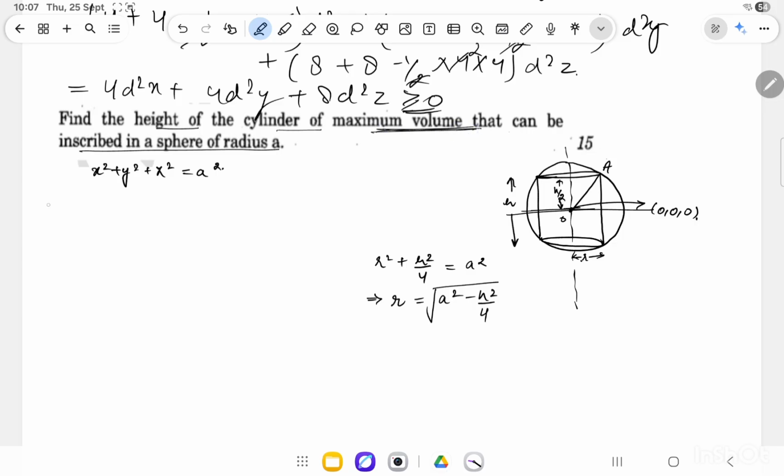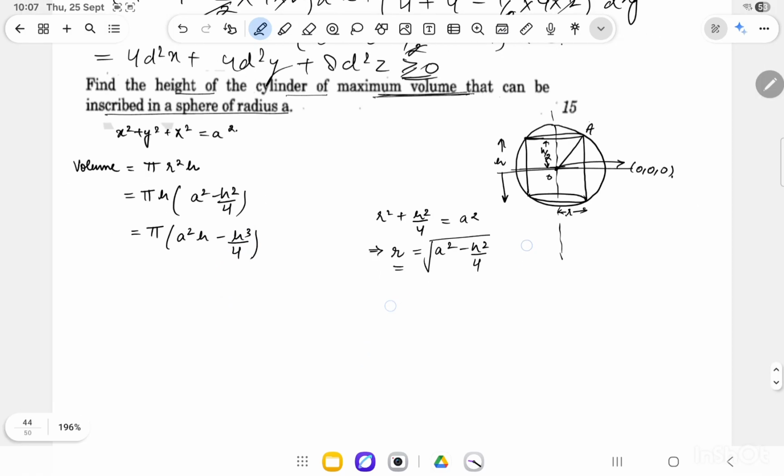So the volume of the cylinder will be pi r square h, and we have already calculated the value of r in terms of h, so that basically gives us pi h into r square, that is a square minus h square by 4. So it is pi into a square h minus h cube by 4. So this is the volume we are supposed to maximize given this condition of the sphere.